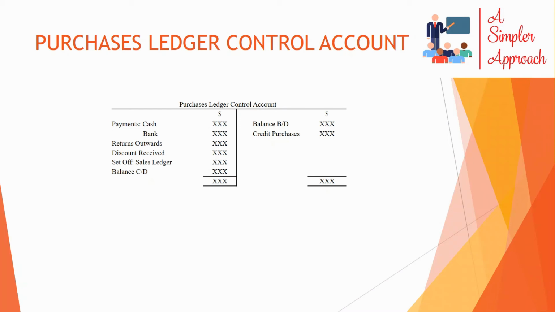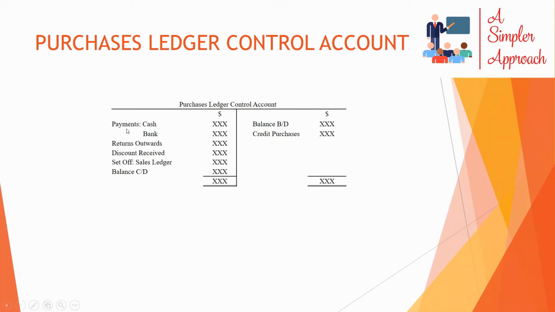Remember when you were being taught the sales ledger control account, you were told that the sales ledger control account is done from the debtor's perspective? Well, the purchases ledger control account is done from the creditor's perspective. How does it affect the creditor?